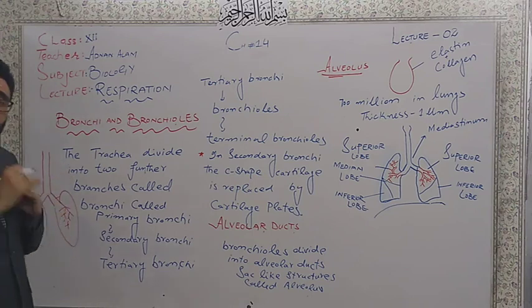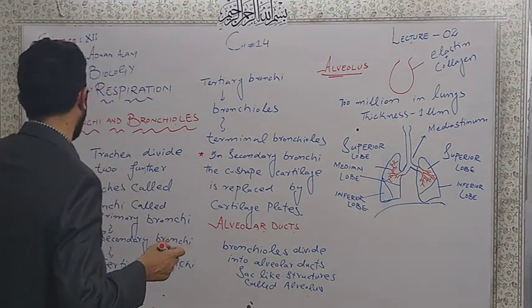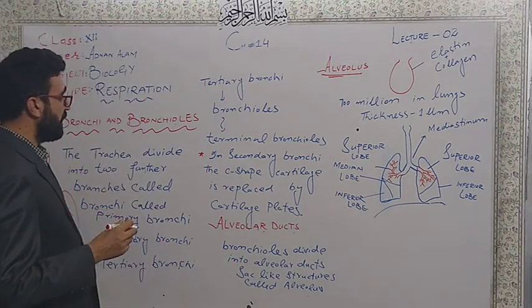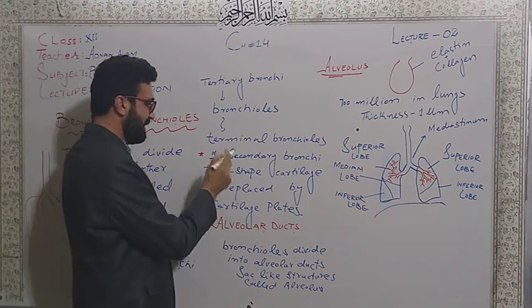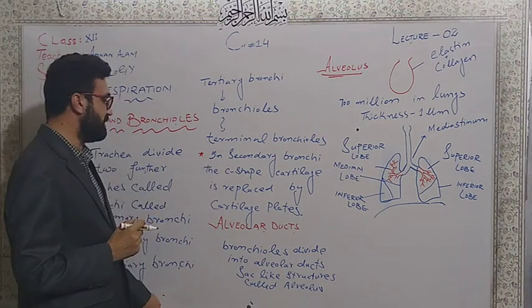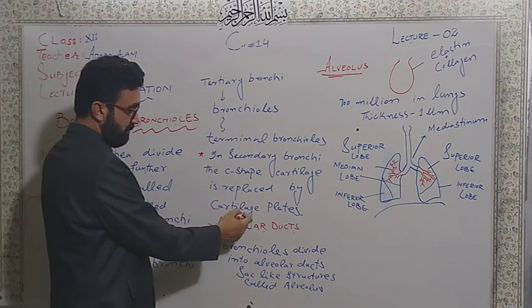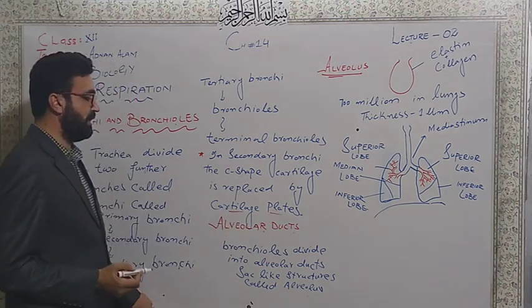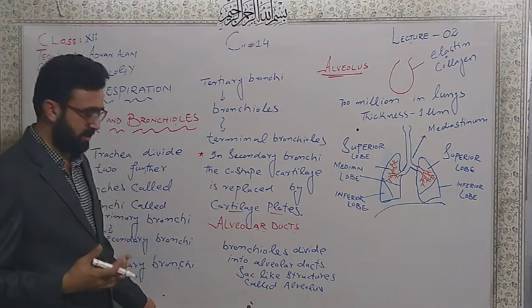This is the division that goes on in the bronchi. But the most important thing that you have to keep in mind is that in secondary bronchi, C-shaped cartilages are replaced by cartilage plates, and in terminal bronchioles there is no cartilage.